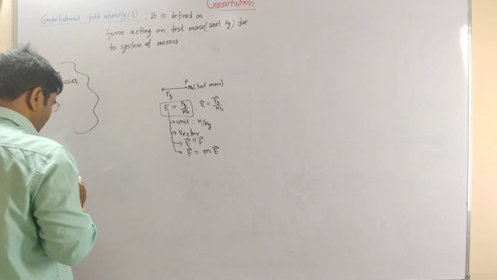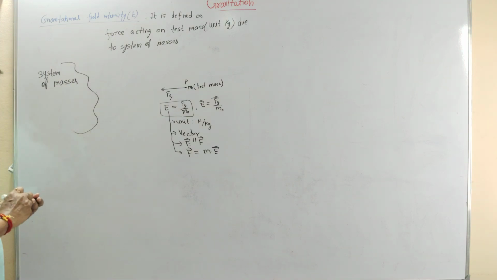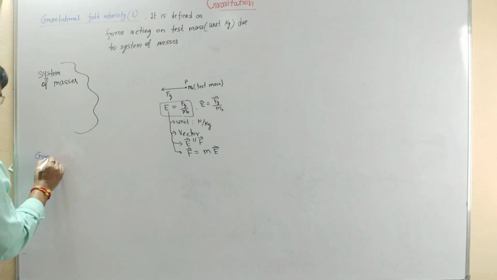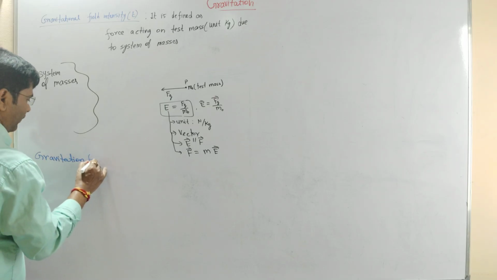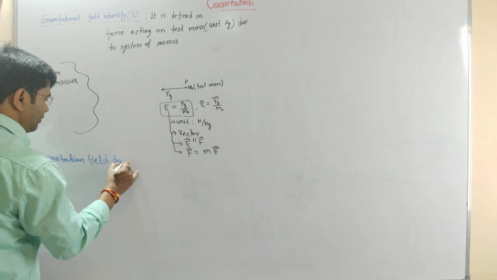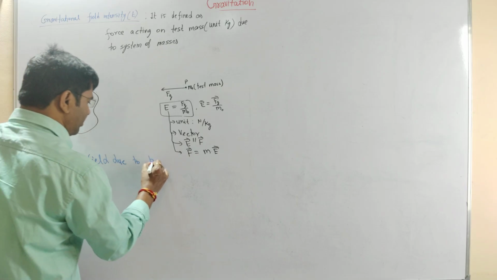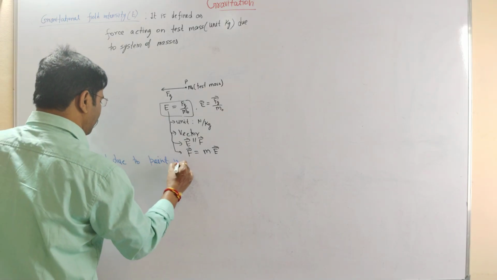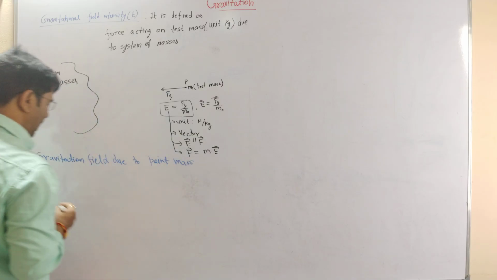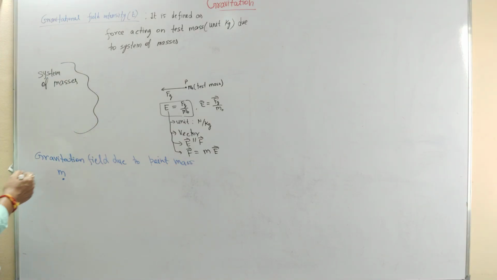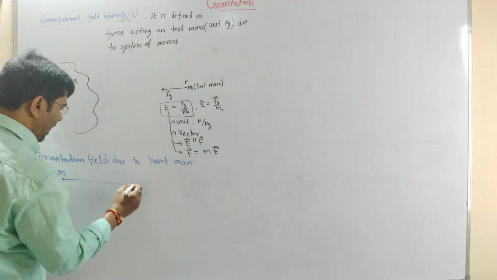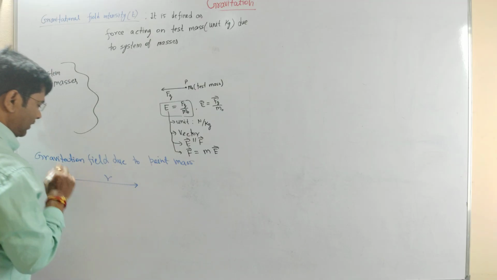Now the next topic: gravitational field due to a point mass. So I'm taking one point mass, that is M. I want to find the field at r distance from this point mass.